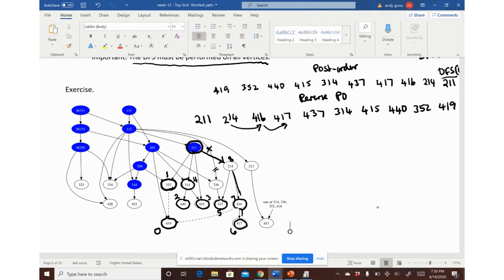So 211 to 314 and 211 to 352, and then 352 to 419. So notice that when I draw the links, they only go forward. There's a question here: 211 should be the last one. That's right, so I already added that.